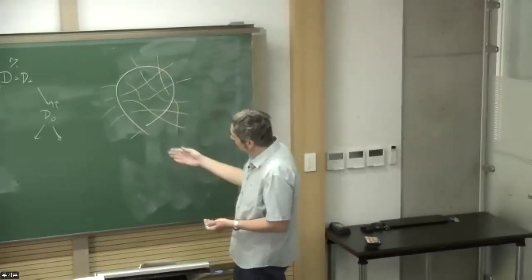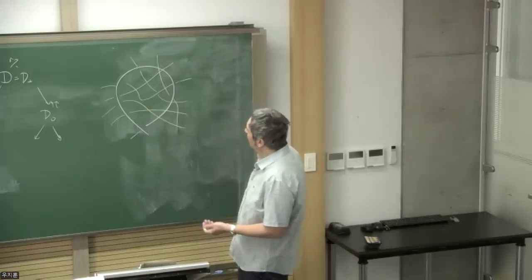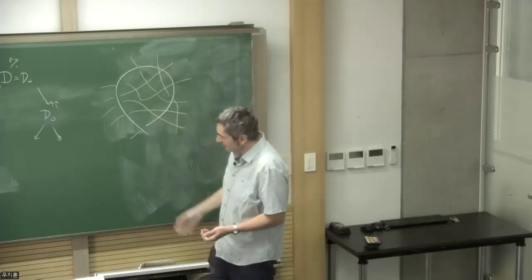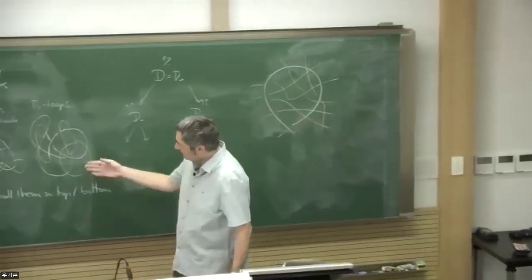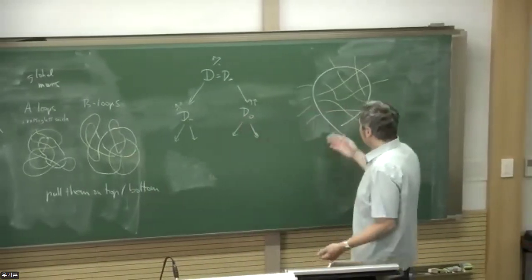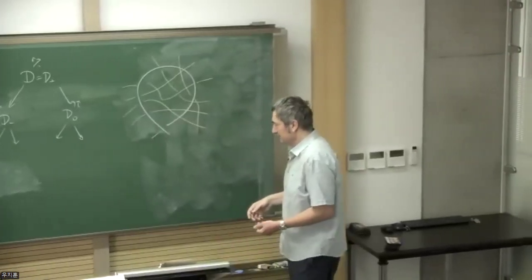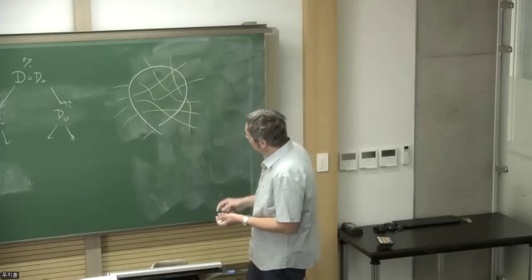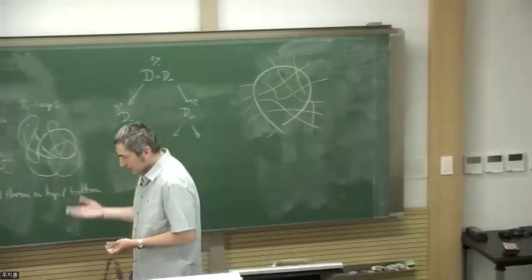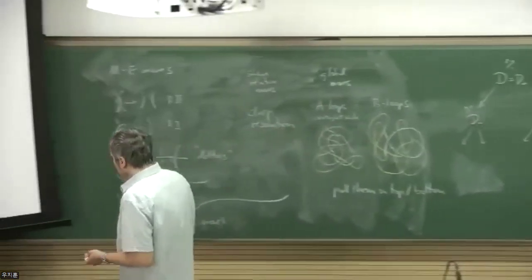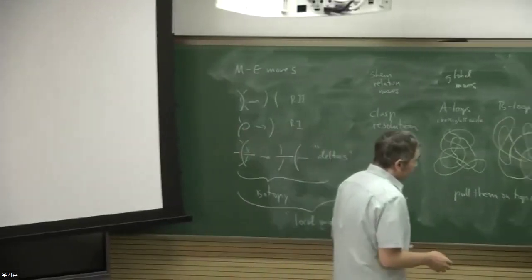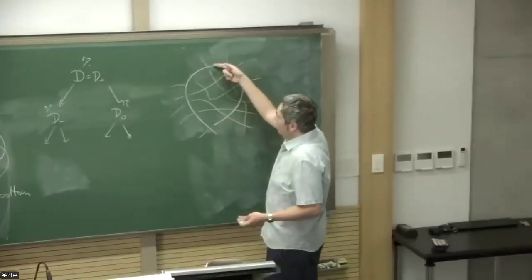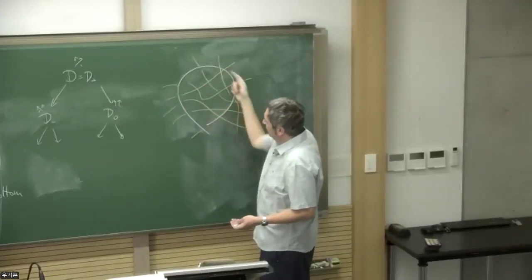Anyway, if you have such a loop, I said you can switch all the crossings where this is below, so that you can pull the loop out. But in fact, what they say is you do not need to switch all the crossings on this loop. You just need to switch as many so that the over arc becomes at least as long as half of the length of this loop.